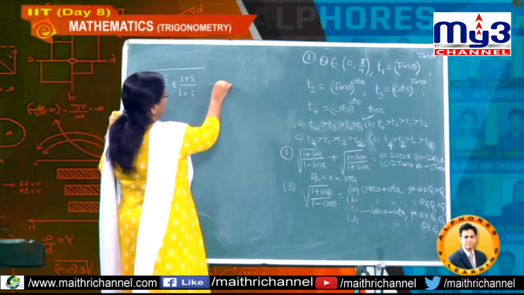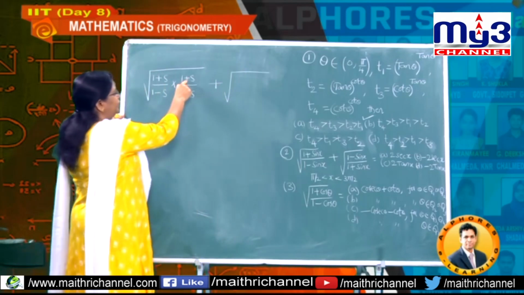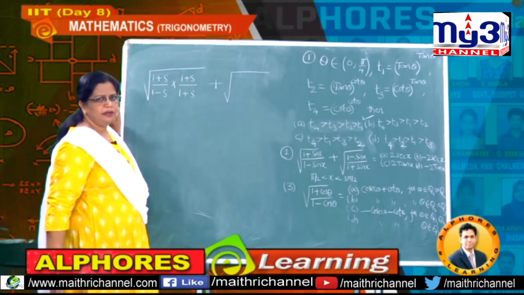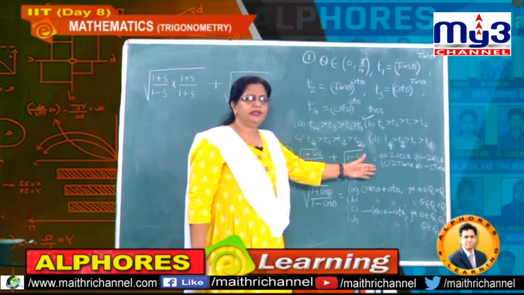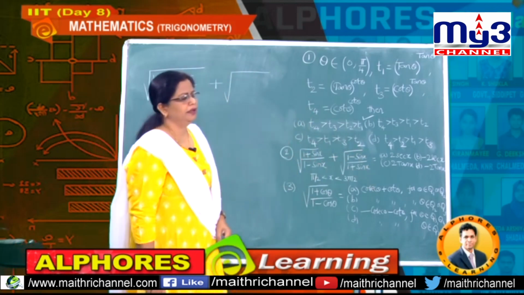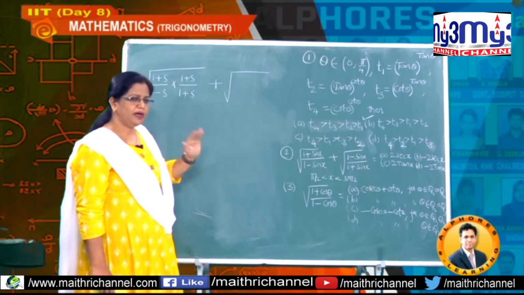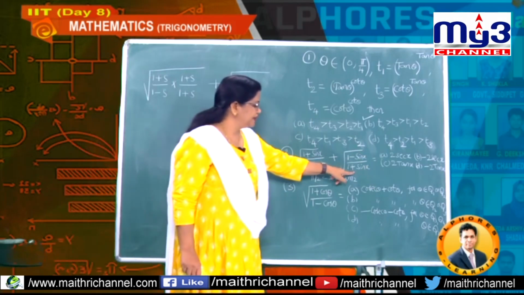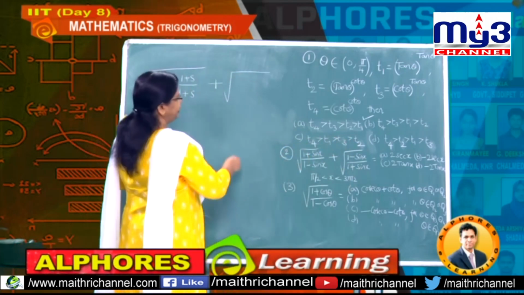Now plus symbol, square root of, here I have taken 1 plus sine by 1 plus sine. Same move, but here it is not necessary to use 1 plus sine by 1 plus sine. I want to take the denominator such that it should be a cos term. For that purpose I will multiply and divide by the reverse, 1 minus sine by 1 minus sine.